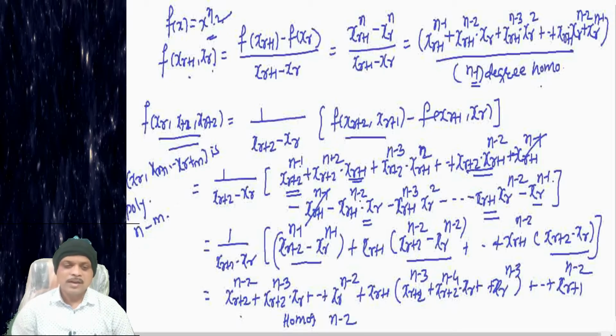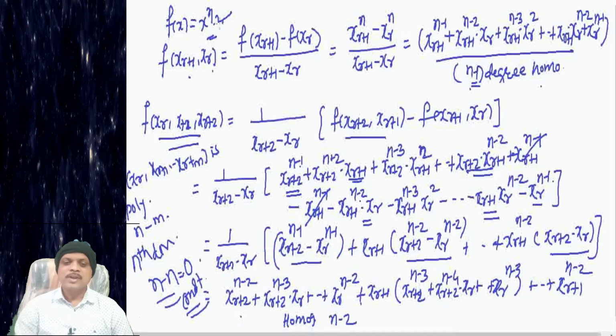Therefore the nth divided difference is of degree n minus n, that is 0, and a 0 degree polynomial is nothing but a constant.